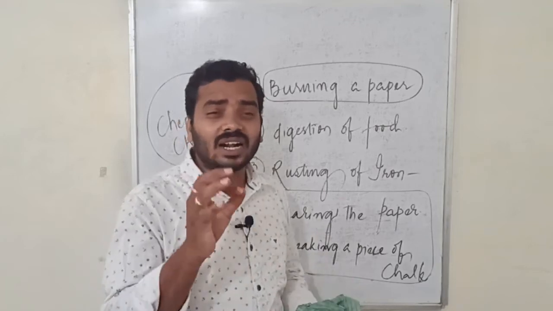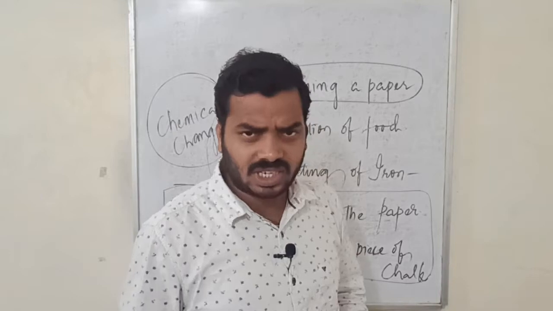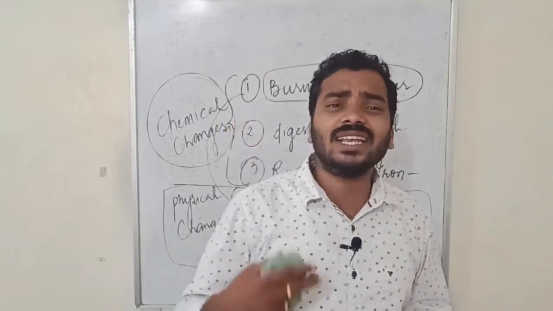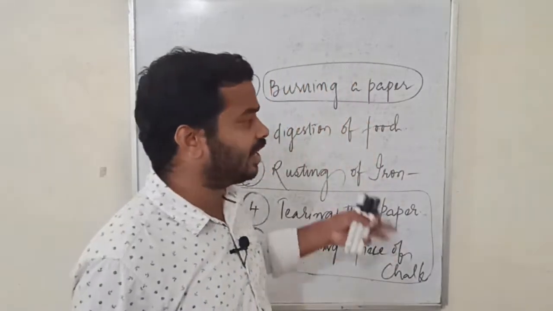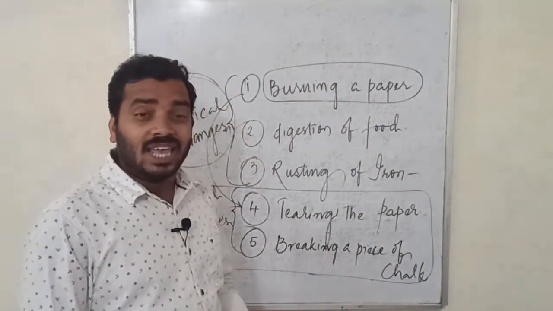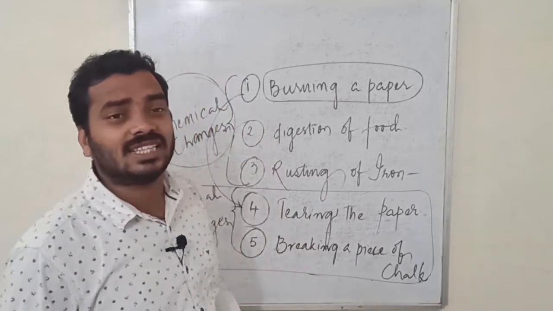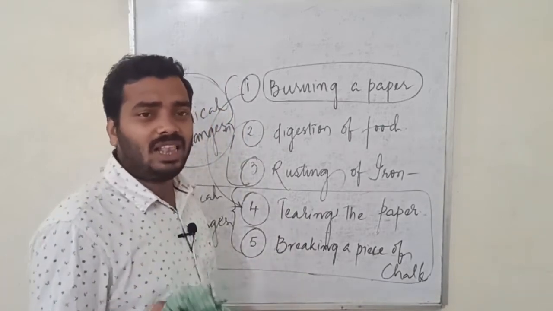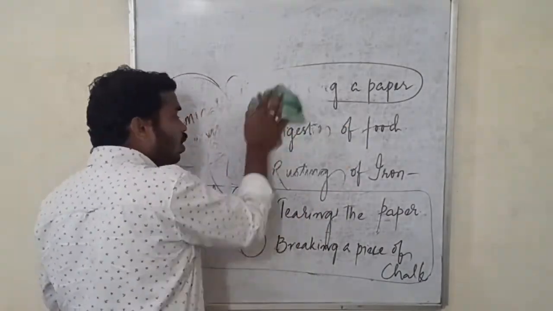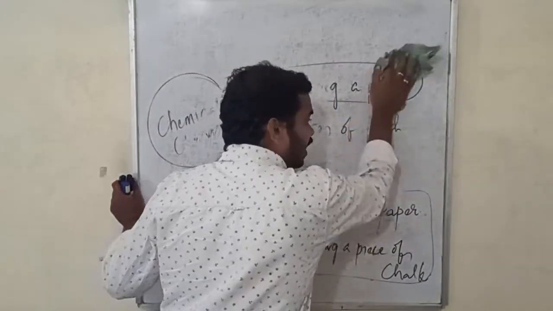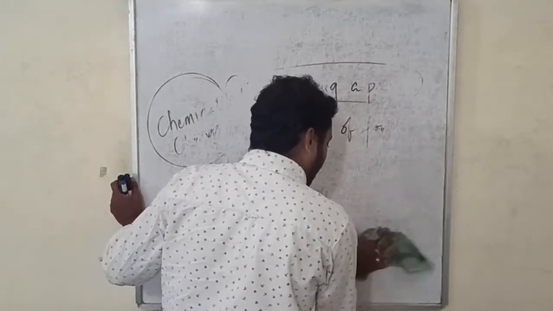But always we cannot say them in the form of statements, so there is some kind of symbolic representation for these chemical changes. That symbolic representation of a chemical change is nothing but a chemical equation.